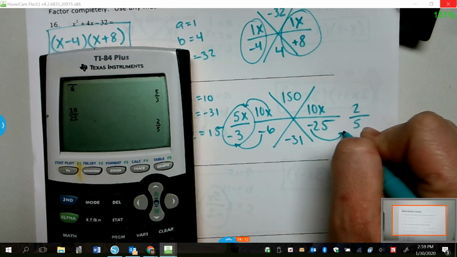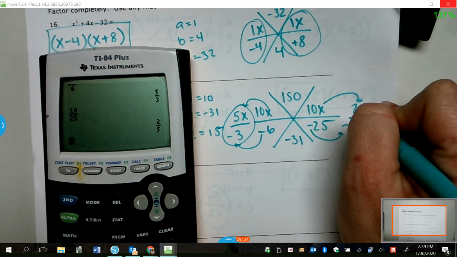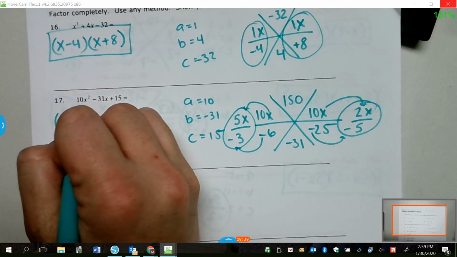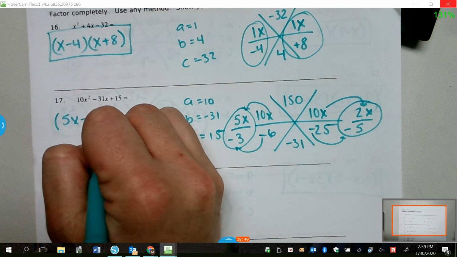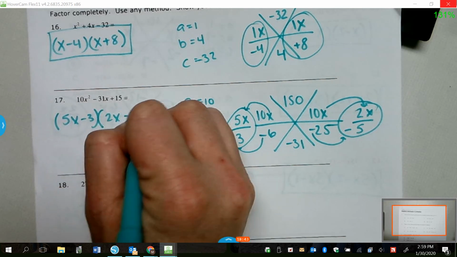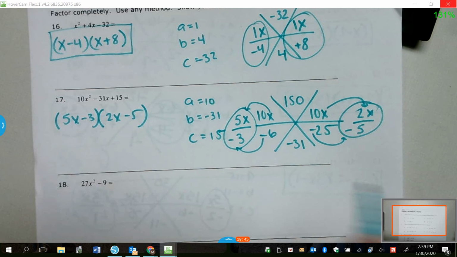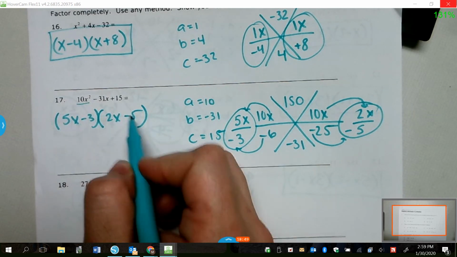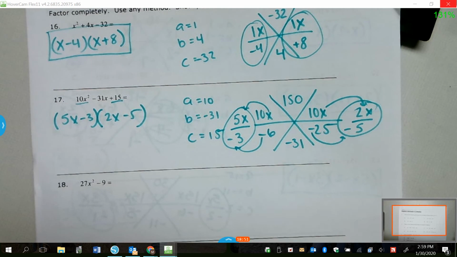Bring over the negative, bring over the x. 5x minus 3, 2x minus 5. Now there also is a quick check. What's 5x times 2x? Well, 10x squared. And negative 3 times negative 5 is positive 15. So that's your quick check.